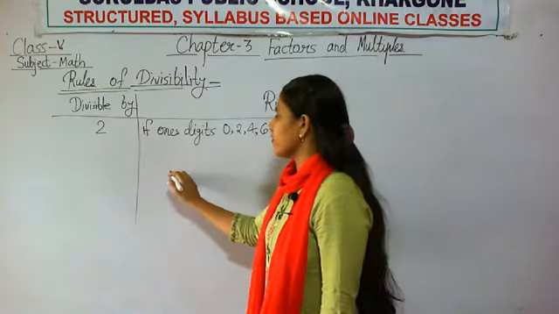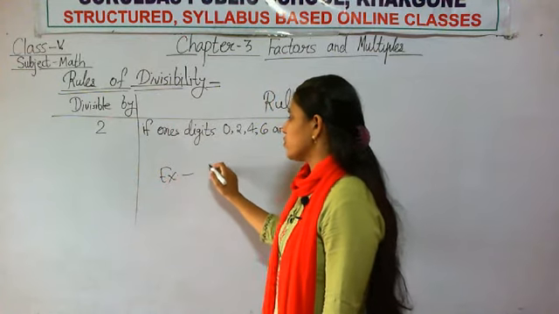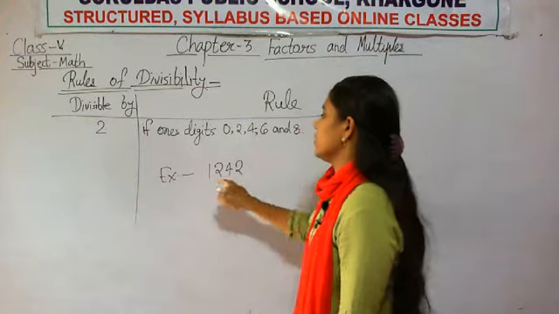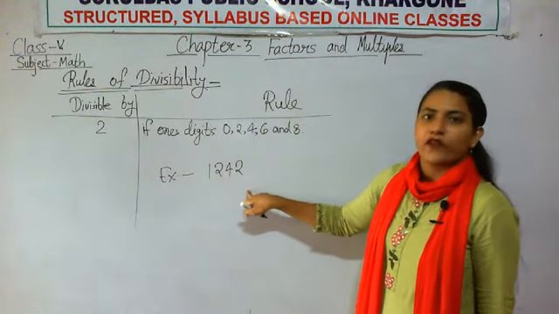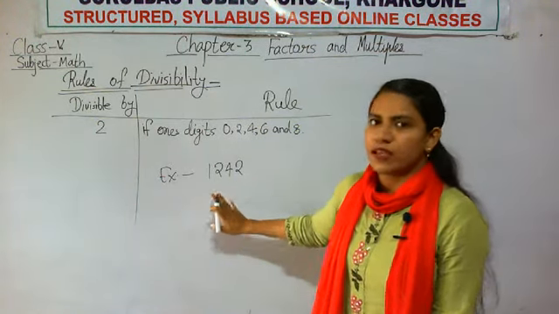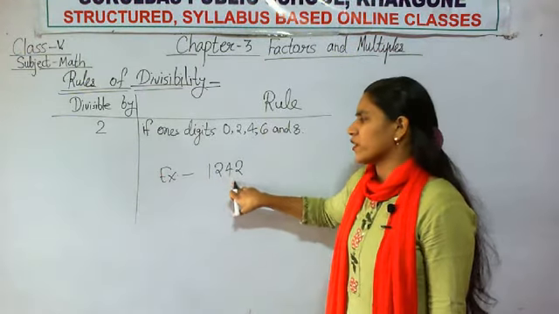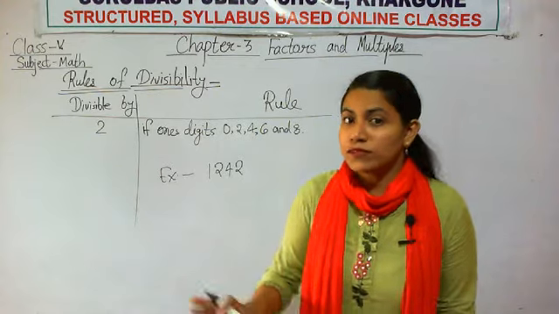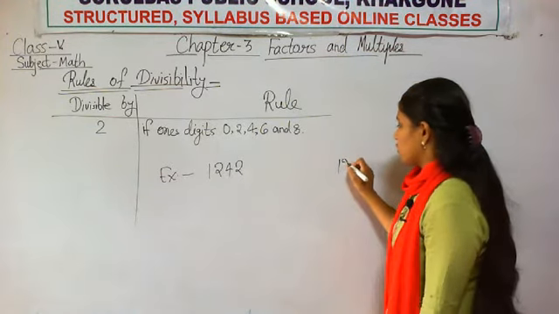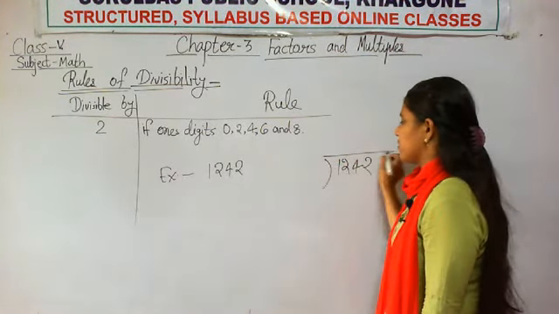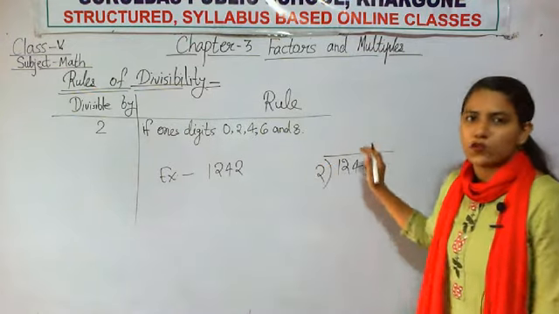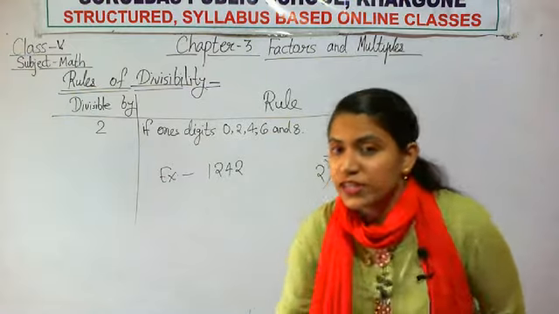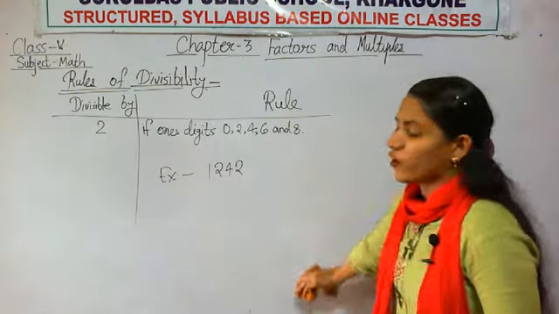Let us understand it by an example. Suppose you have a number 1242 and I am asking you, is 1242 divisible by 2? Just by seeing, do not do the process of division. You can check it that way also, but here we are not using division.